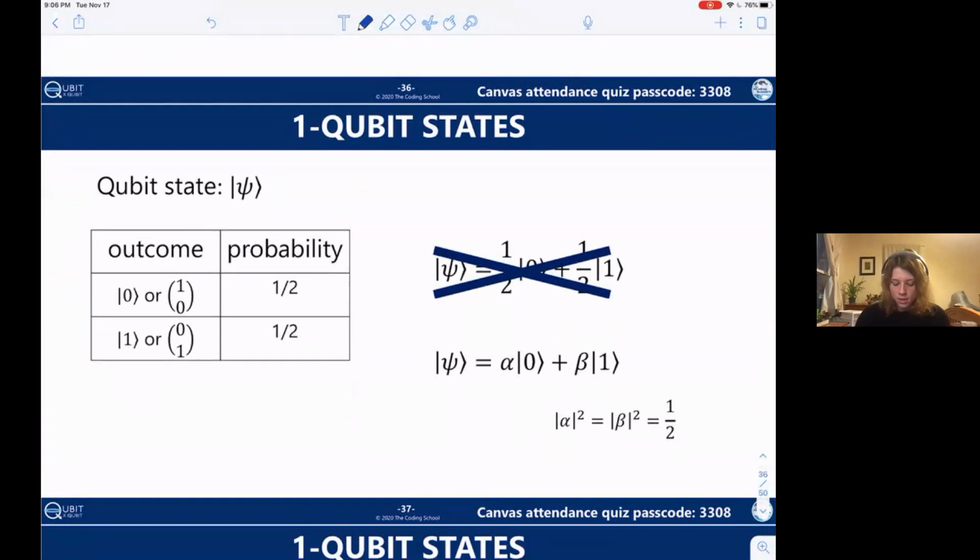What we don't want is to say, oh, we have a 50% chance of being in the 0 state and a 50% chance of being in the 1 state, therefore this is what we get. These are not probabilities. They are probability amplitudes.